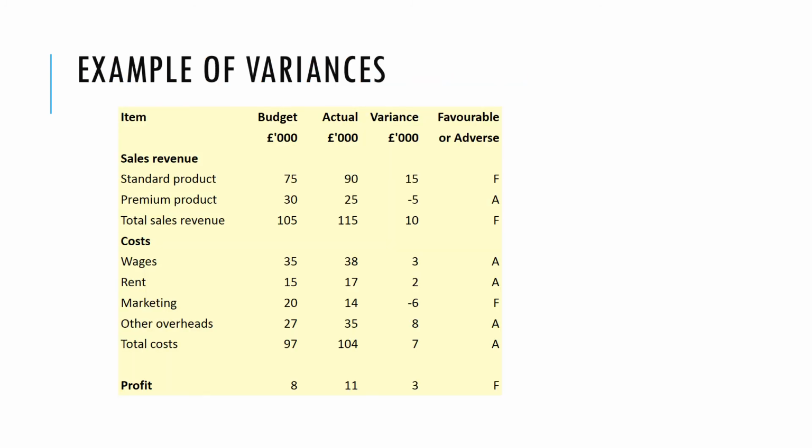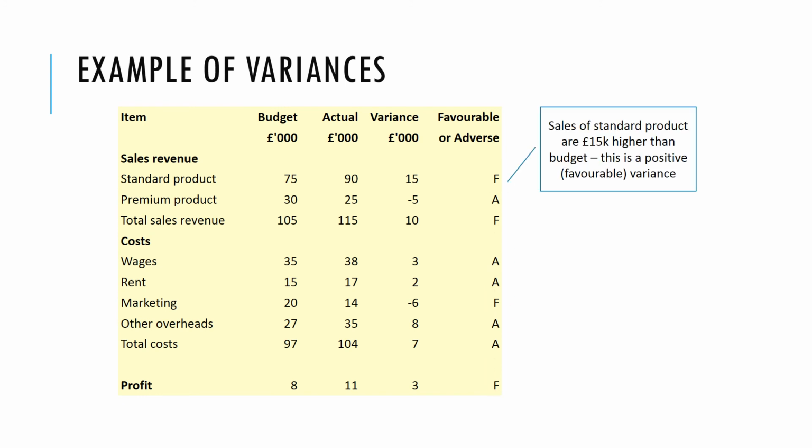So let's have a look at some examples here. Here we can see a business with two products, their revenue and their costs, their profit. In this column here we have their budget, their planned, and in this column here we have their actual, what actually happened, and the variance is simply the difference between the two. This final column analyses whether those variances are adverse or favourable.